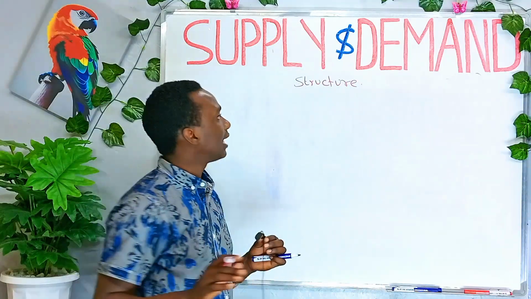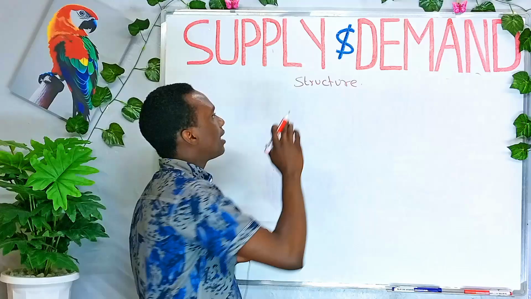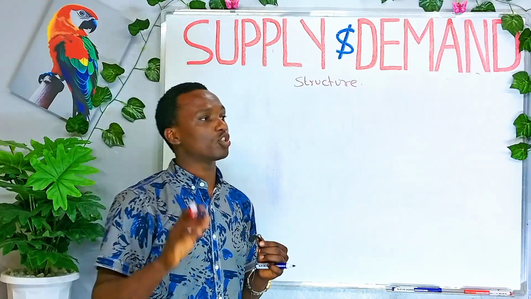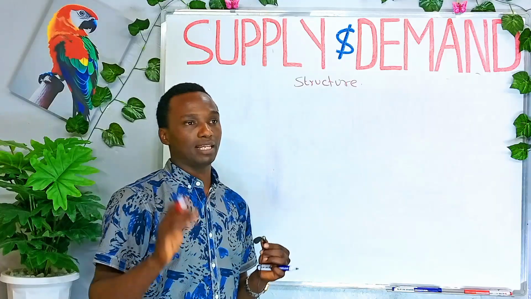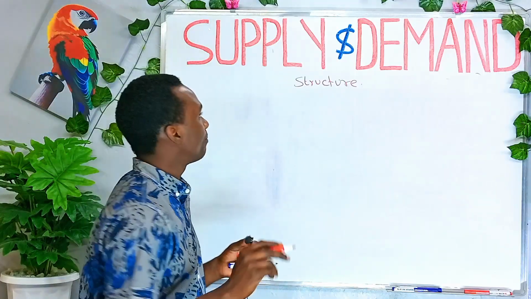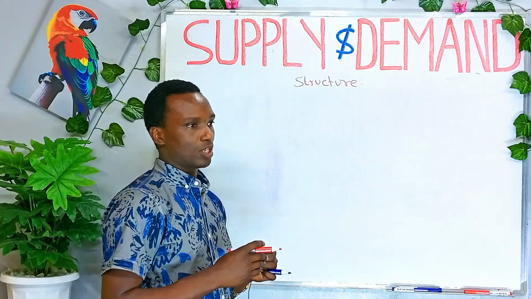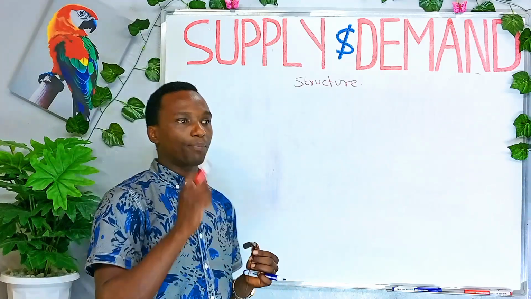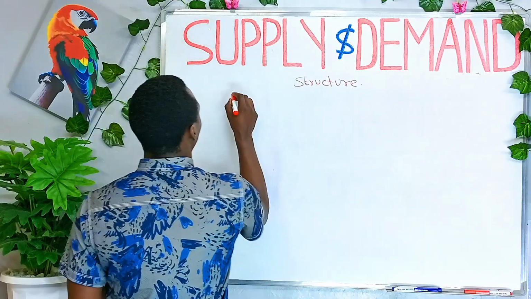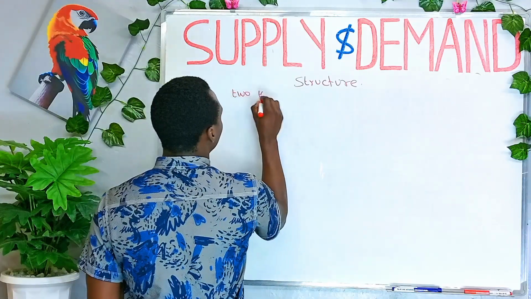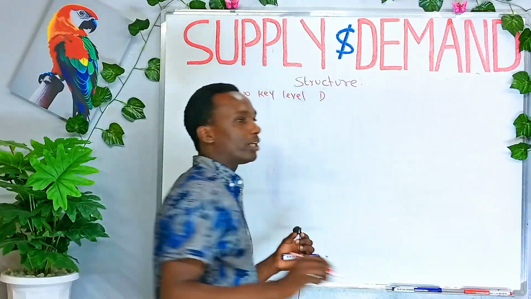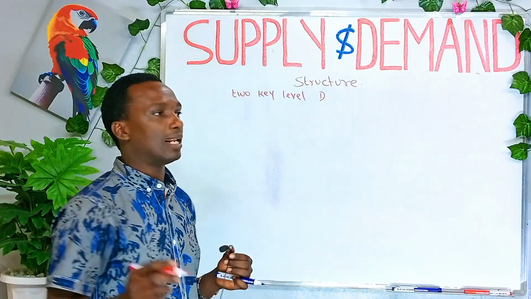Please pay very keen attention here, because if you correctly identify the structure, you will be in a position to correctly draw them in your charts and take positions that are high probability positions. Okay, so for each supply and demand zone, there are two key levels. The first level is called a proximal line.